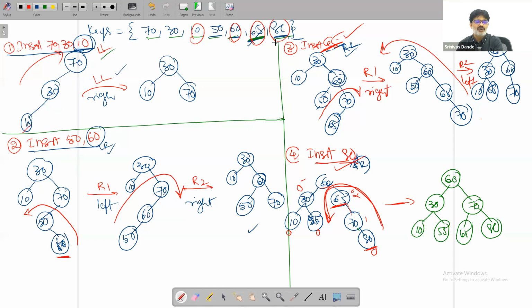What is the full form of AVL? It is actually the names of 3 persons, Munna. The names of 3 persons who developed this data structure, this idea, the first letters of those. I didn't remember their names.